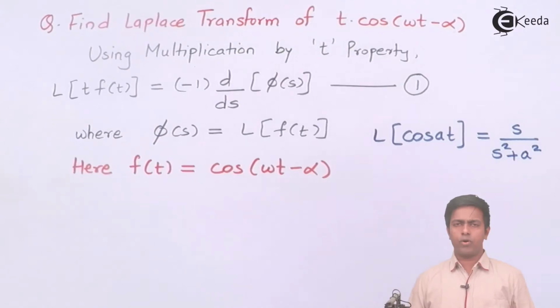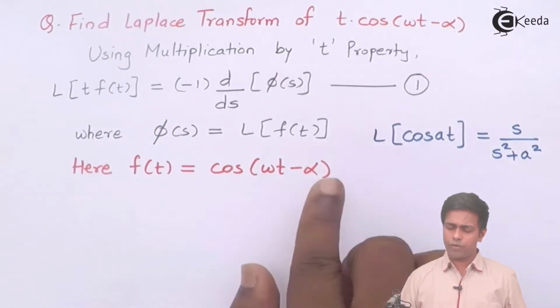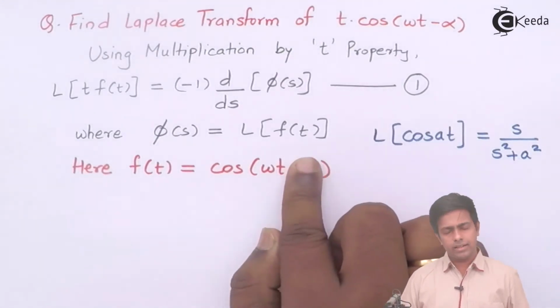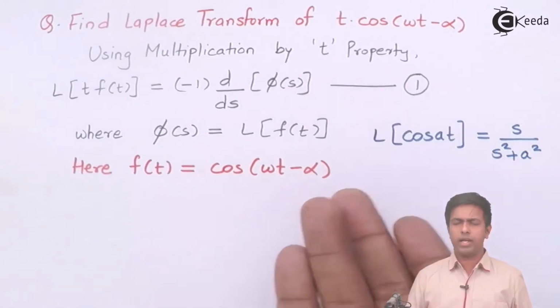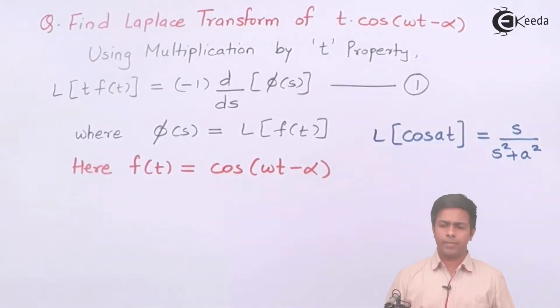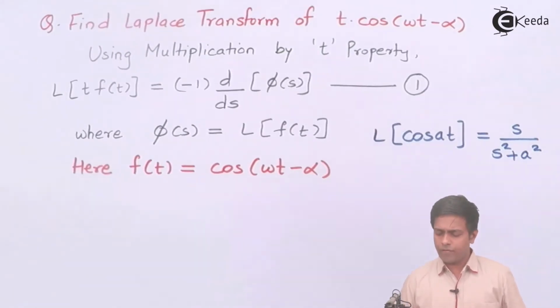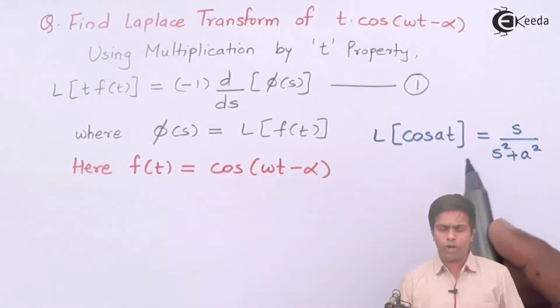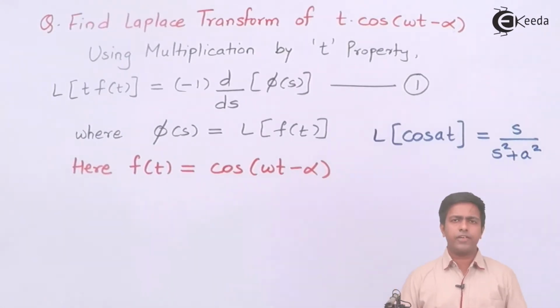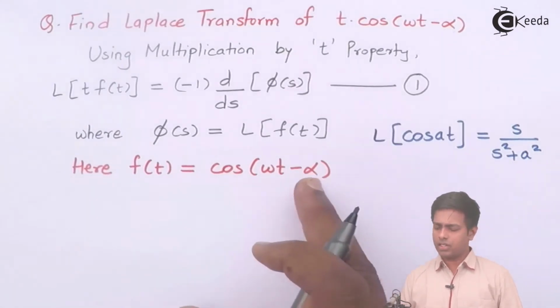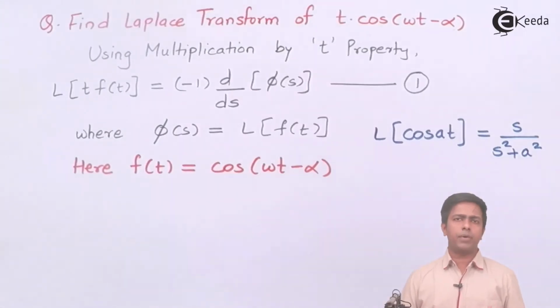Let's say tomorrow if I just get cos of omega t, then definitely I can apply this property, because omega is a constant and t is my variable. So due to the alpha, I cannot apply this property. So what to do now? We will simplify this cos in such a way that we convert this function into this form, and then we can apply the property.